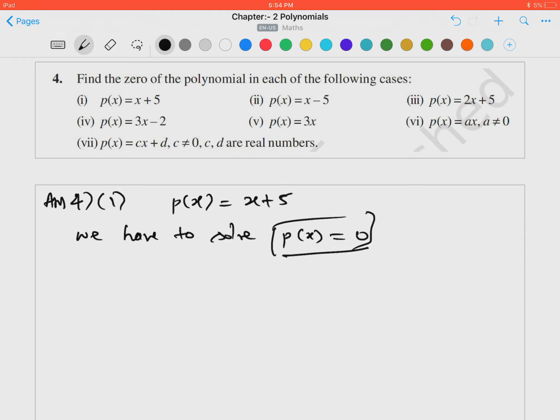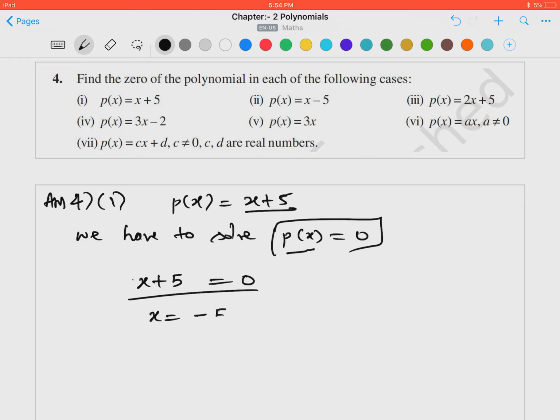Here p(x) is x plus 5 equal to 0. At the place of p(x) we have written this value and equal to 0. So from here, we shift this plus 5 to the right hand side, and it will be minus 5. So that means x equals minus 5 is a zero of this polynomial.